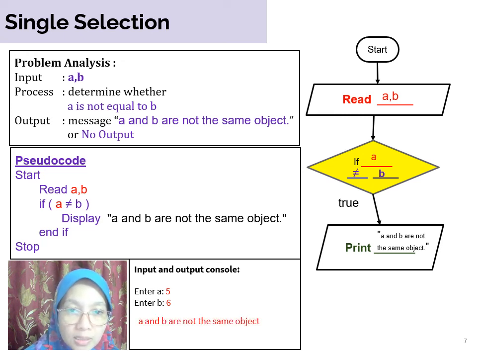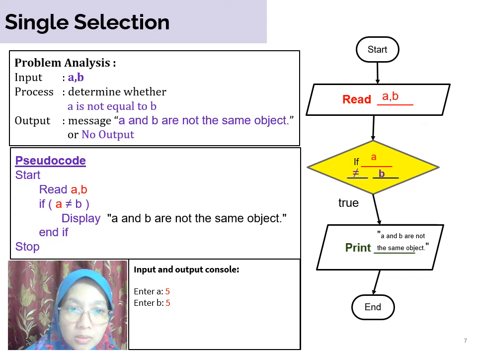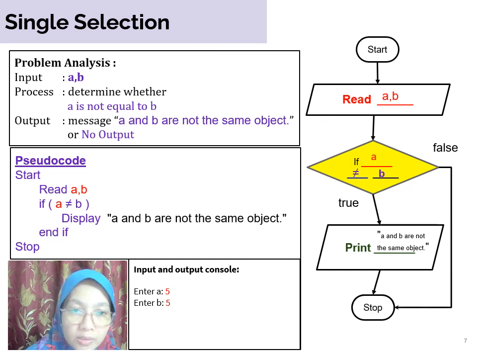And so you can see the output like this. How about if false? Both a and b entered by the user are 5. Is 5 not equal to 5? False. When false, there is no output, and the process ends.